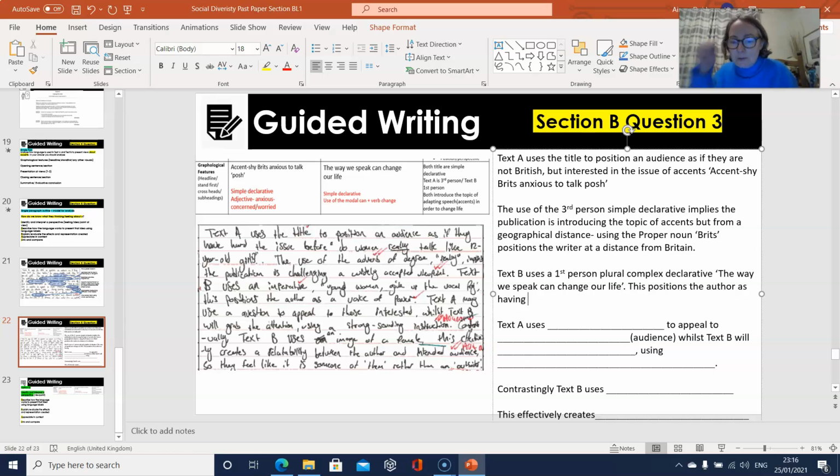So this positions the audience as having a personal investment and connection to the topic. Okay, now we then got text A uses, contrastingly text B uses, and then this effectively creates.